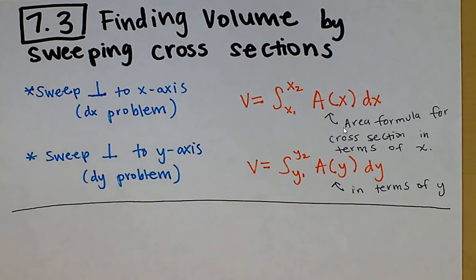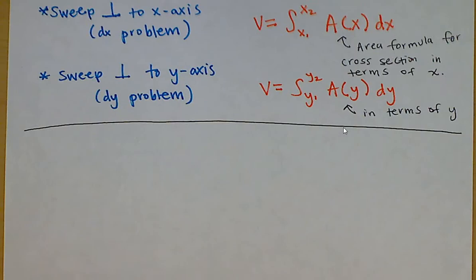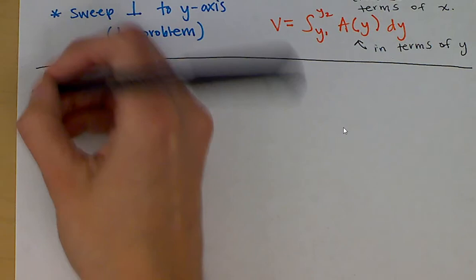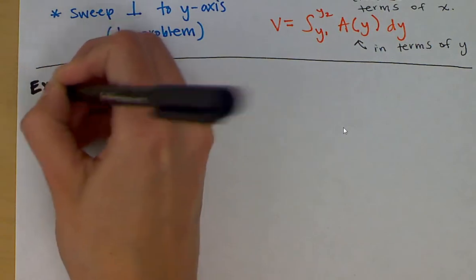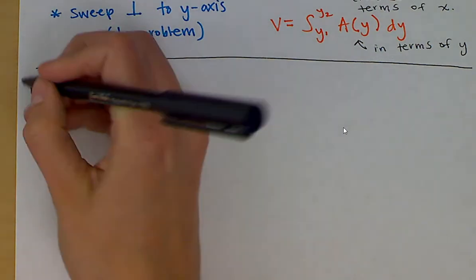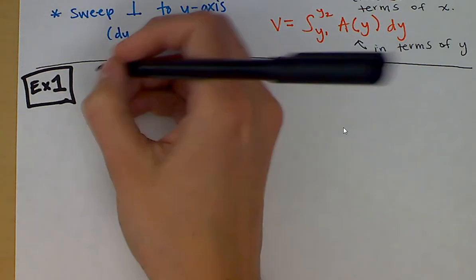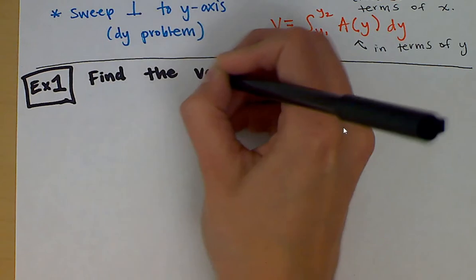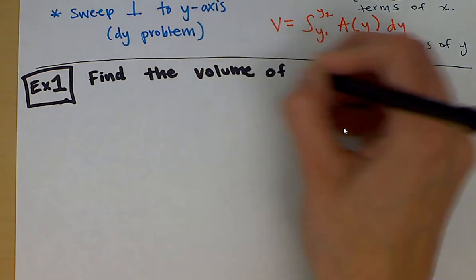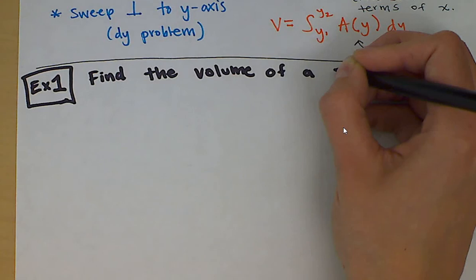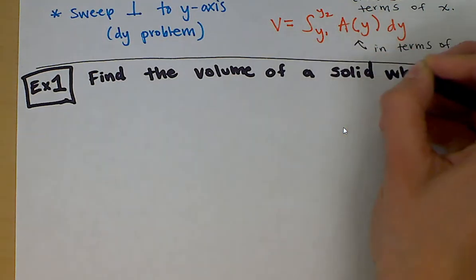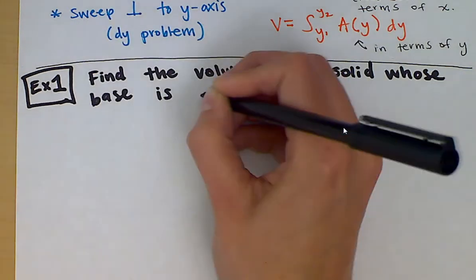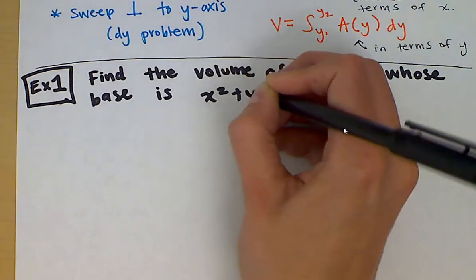Okay. So let's do an example. Example 1 will be to find the volume of a solid whose base is x squared plus y squared equals 1.